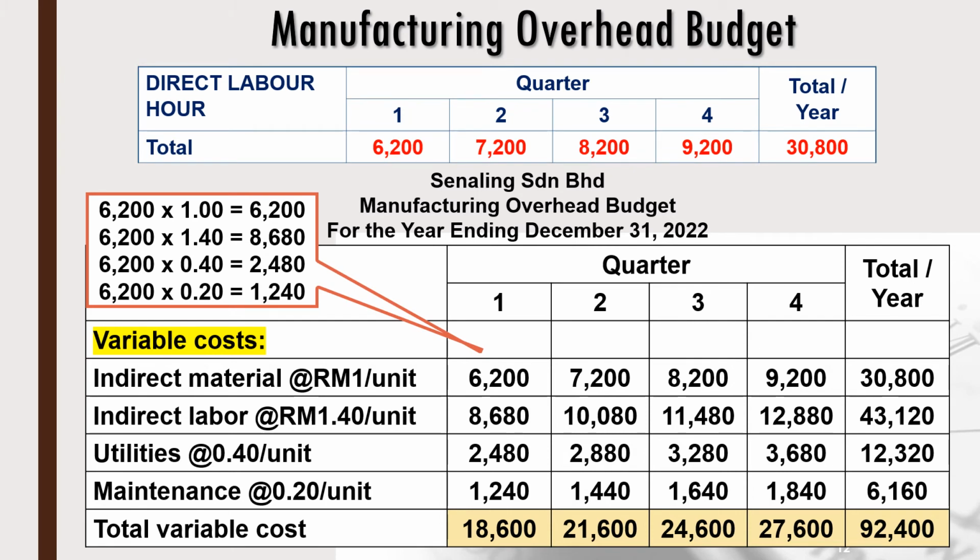For indirect labor, the direct labor hour 6,200 multiplied by RM1.40.